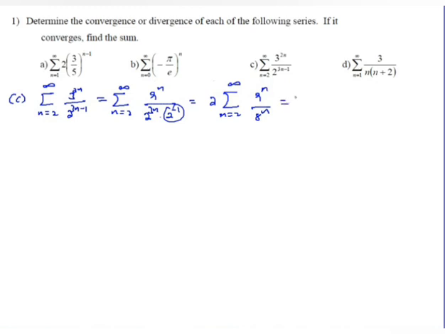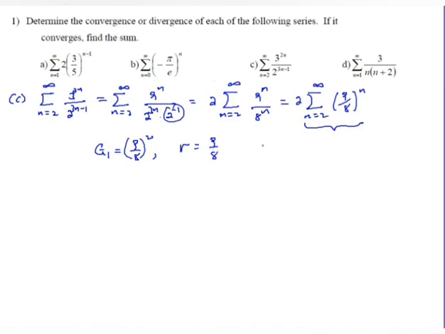So this is the same as 2 times the sum for n starting from 2 up to infinity of 9 over 8 to the power of n. Okay, now we need to observe this. This is obviously an infinite geometric series. The first term is 9 over 8 the whole square, since it starts from n equals 2, and the common ratio is 9 over 8.